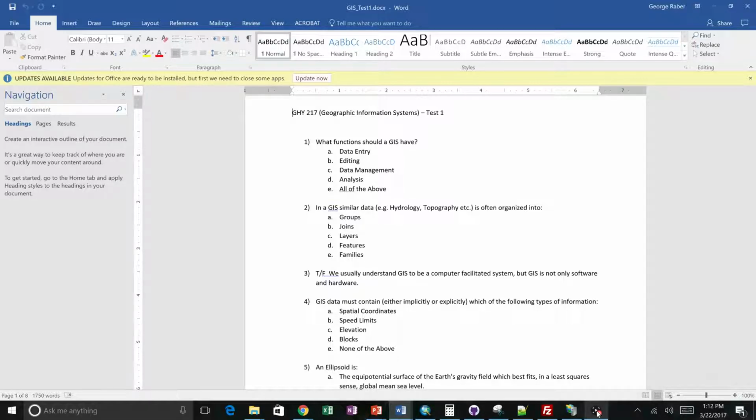Number 6 is false. Datums are designed for the entire Earth and only need to be changed because the Earth changes and measurements get better. That was false. The reason is that we did discuss that the datums and the ellipsoids that they're built off of are sometimes designed for a specific area.